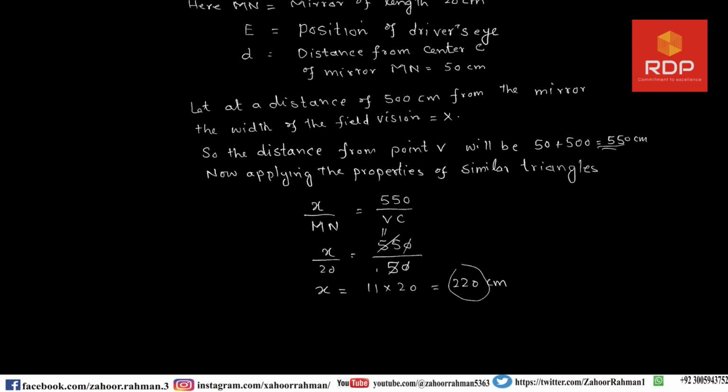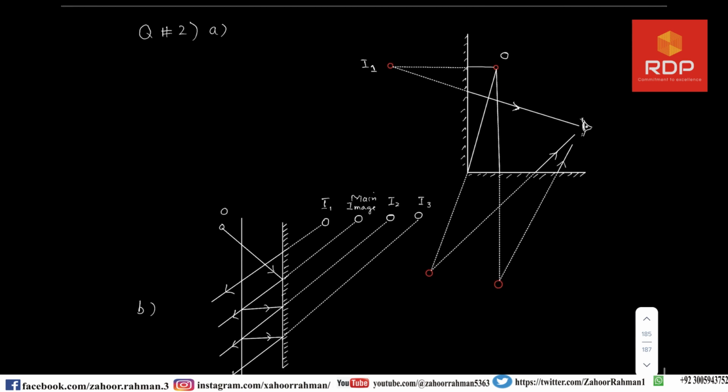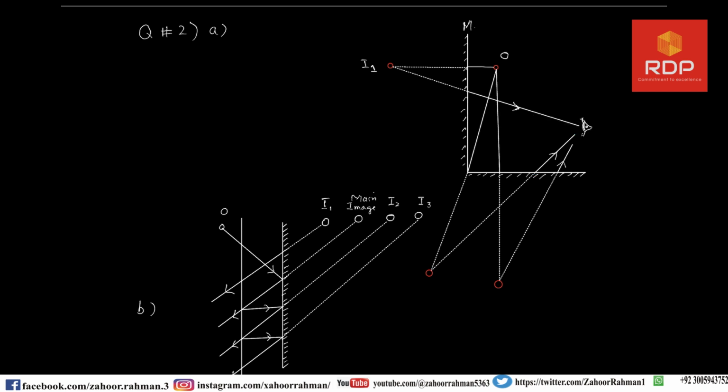Now we are turning our focus to question number 2, and question number 2, part A is saying the diagram below shows an object O placed between two plane mirrors M1 and M2. This is M1 and this is M2.